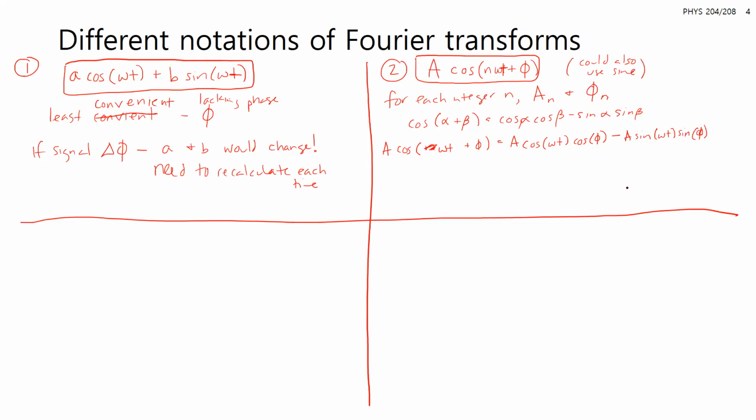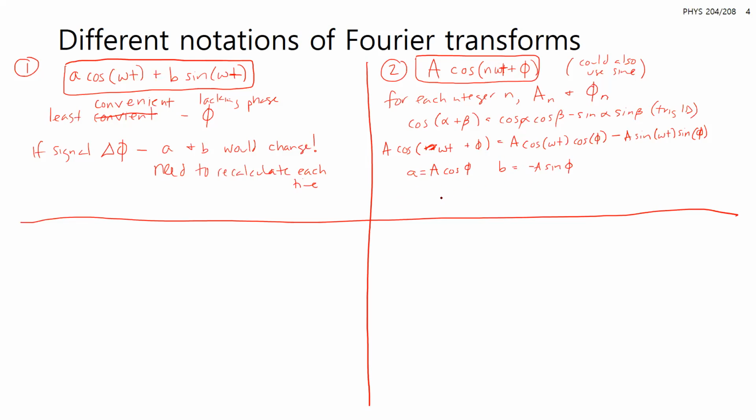There we go. And if we compare this expression, after we apply the trig identity, to our expression with the first notation over here, we can clearly see that lowercase a in the first notation is equivalent to capital A times cosine of phi, and lowercase b is equivalent to negative capital A times sine of phi.